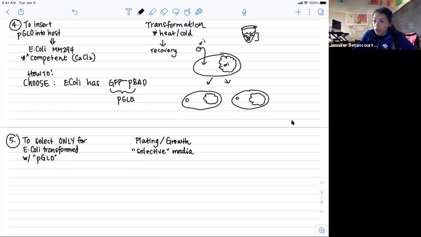If you're going to grow bacteria, you need to give them the nutrients they need so that they can make ATP, do DNA replication, and do cell division.